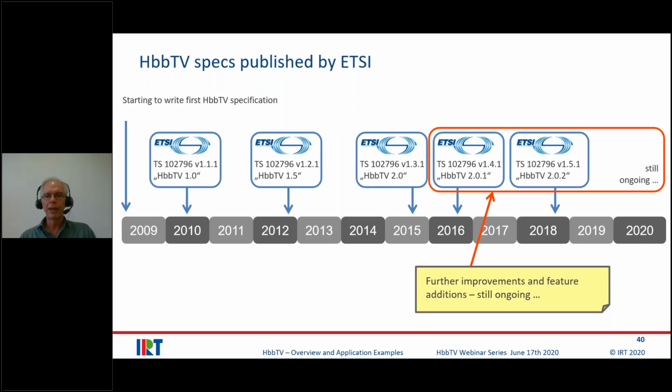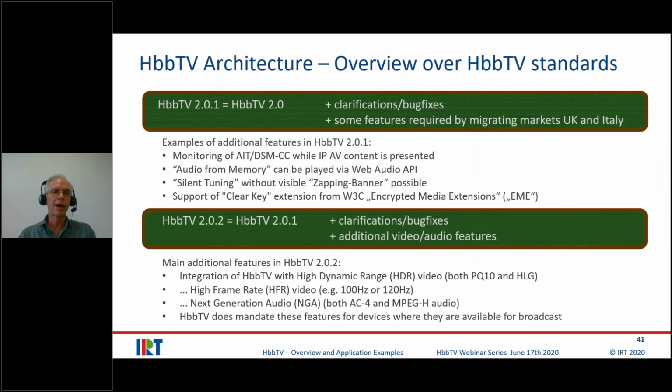So in the years from 2016 onwards, so since the publication of the very first version of HbbTV2, HbbTV has worked on improving the core specification of HbbTV, and this is still ongoing. So the latest HbbTV standards version published currently is HbbTV 2.0.2, the version 1.5, and here I'm indicating a number of features which have been added since then.